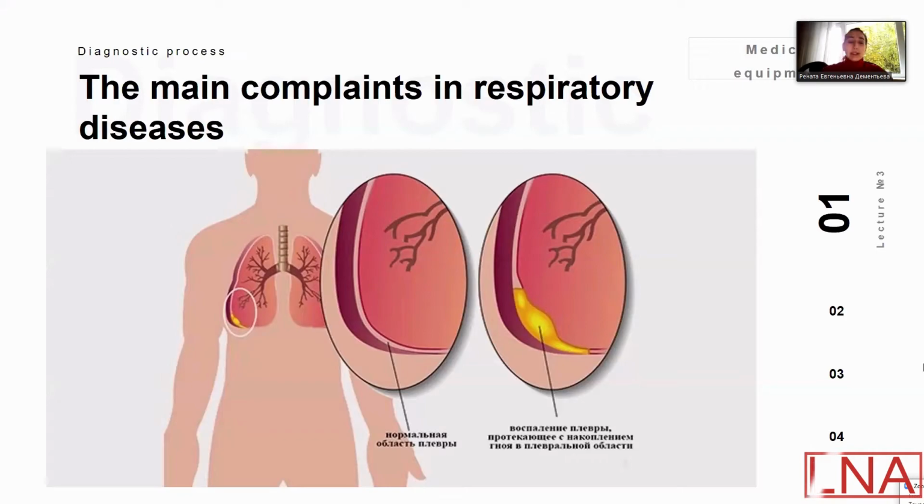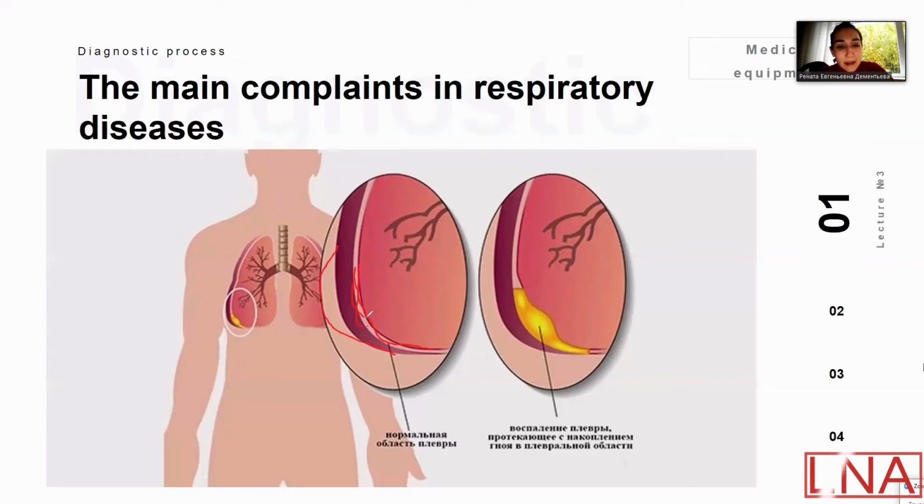And look, we continue with the development of pain syndrome in case of an involved pleural sheath and the inflammation process. Look, this is the normal structure, this lung tissue. There is some distance between the pleural sheaths, the internal one on the lung tissue and the external pleural sheath.